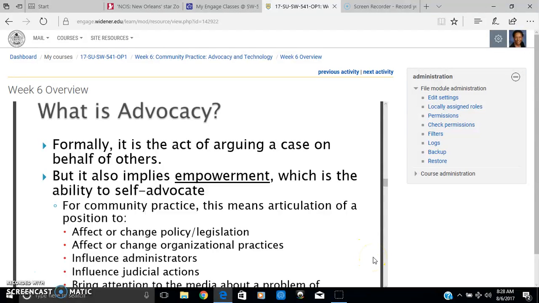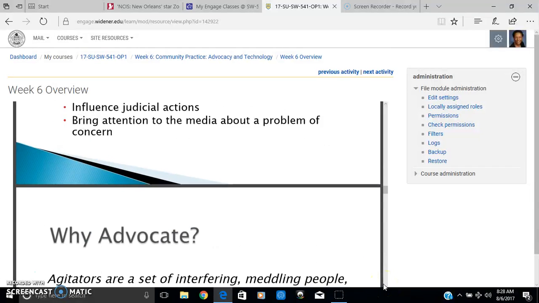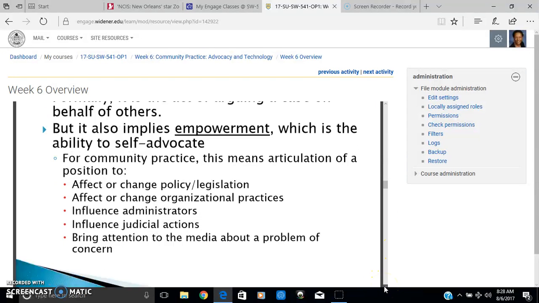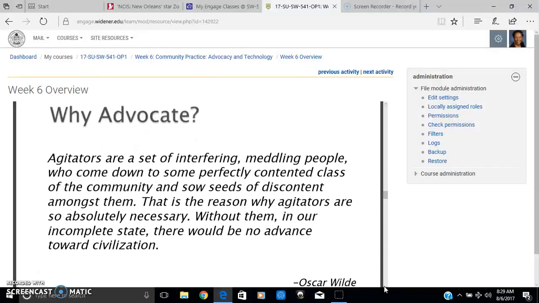Advocacy implies empowerment and also arguing a case on behalf of others. So advocacy could be around affecting or changing policy legislation, affecting or changing organizational practices, influencing administrators or judicial actions, and then bringing the attention of the media to a problem.